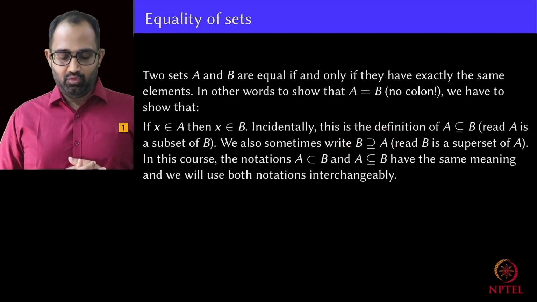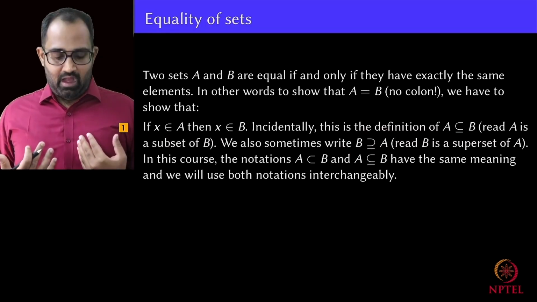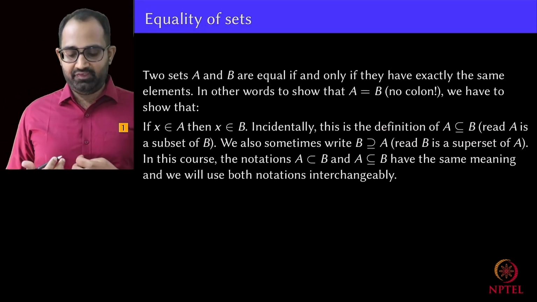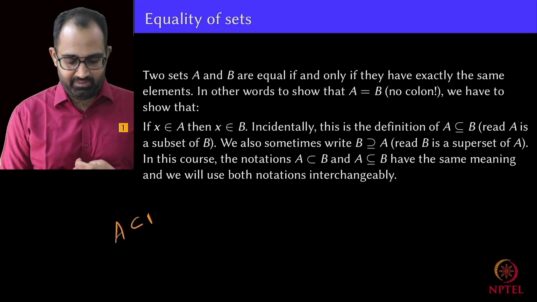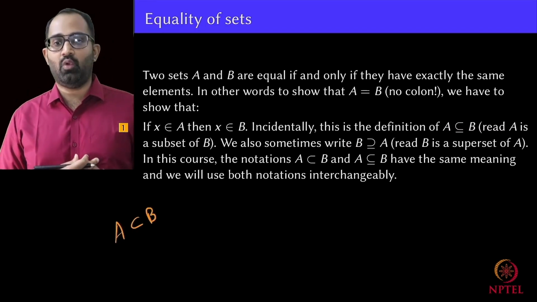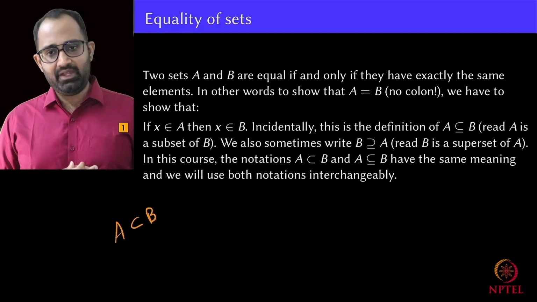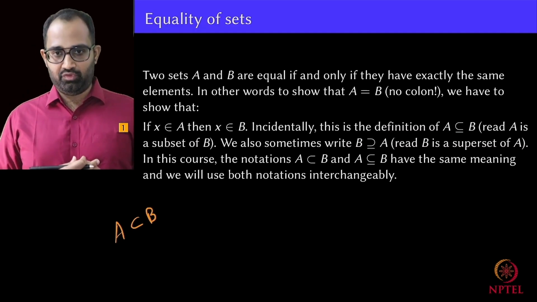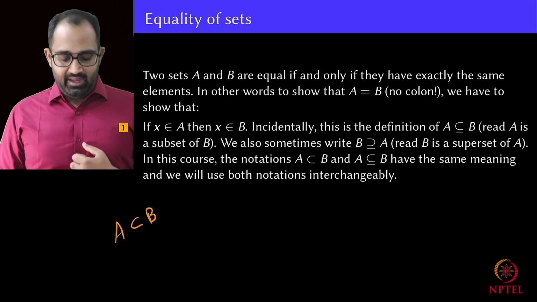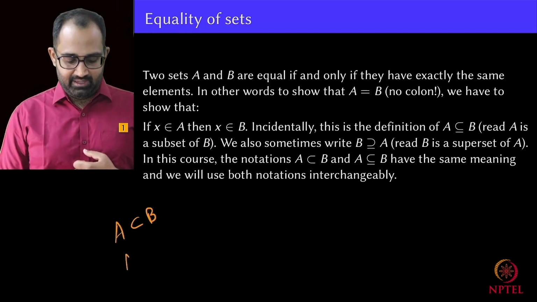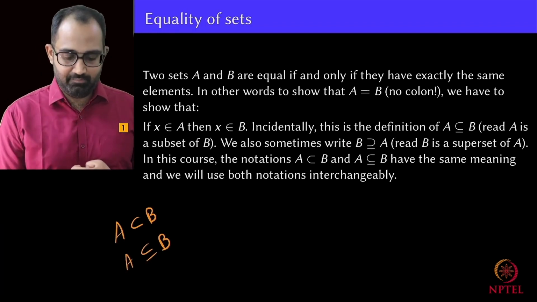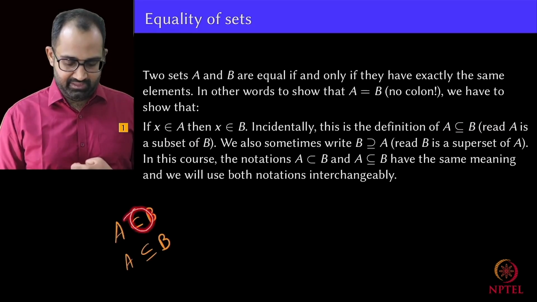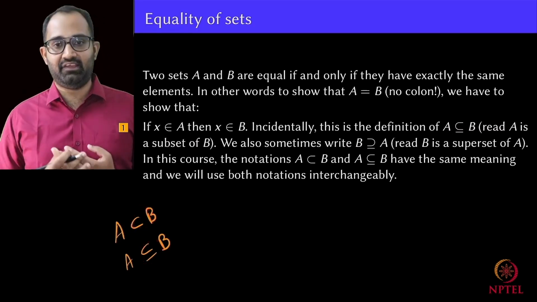Okay, so in other courses, you might have seen the symbols A subset of B like this. You might have encountered this notation. Sometimes we will use this notation in this course also. A subset of B, and the other subset notation, we will use both these symbols interchangeably. Both mean the same thing.